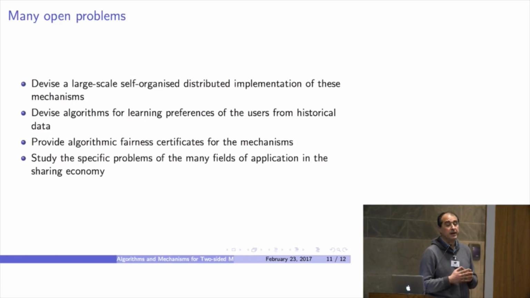Another open problem is to have mechanisms for which we can provide certificates of fairness towards all the agents. And finally, we certainly would like to study specific problems in many fields of application in the sharing economy.